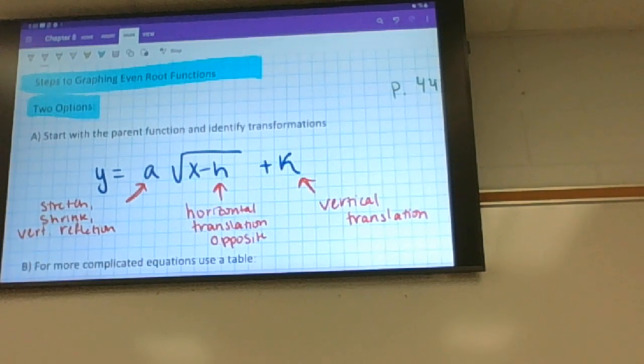We're going to stretch that shape up and make it taller, or smush it down and make it shorter. There's a number in the A spot. If there's a number under the radical bar, it'll become very important to look at where the radical bar ends. That's going to shift the graph left or right. And then a number at the end will shift it up or down.